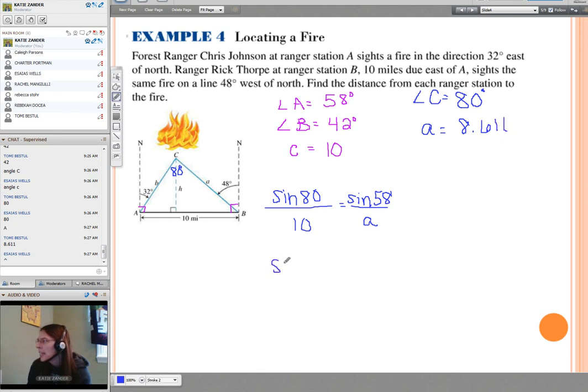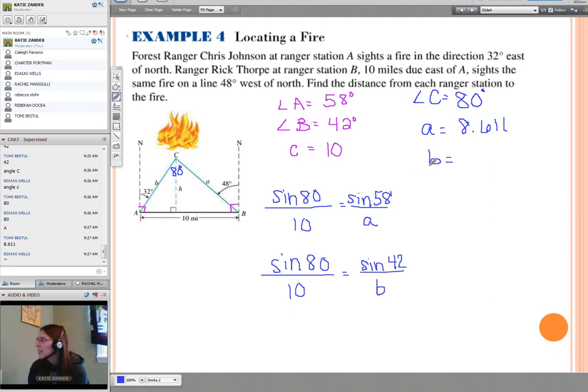And then to find side B, I'll first use that same ratio again, sine 80 over 10. This time we're trying to find side B, so we've got to use angle B in our numerator, so sine of 42. I'll let you guys go ahead cross multiply one last time.